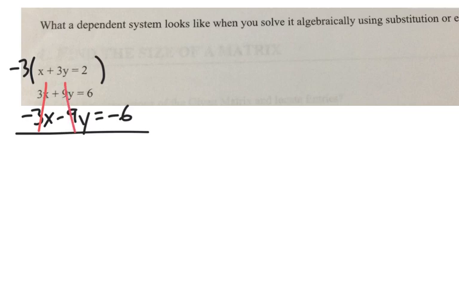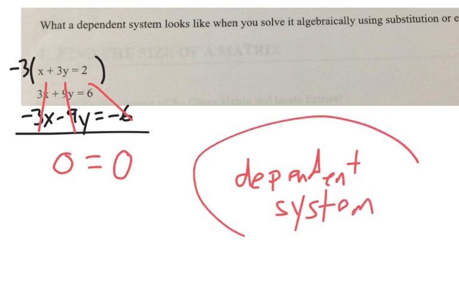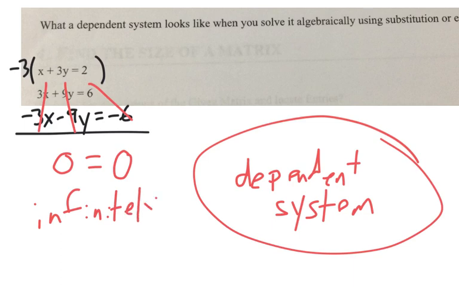This goes to 0. 6 minus 6 goes to 0. Math statement that makes sense. 0 does equal 0. So this is the same line, which means it is a dependent system, or this has infinitely many solutions.